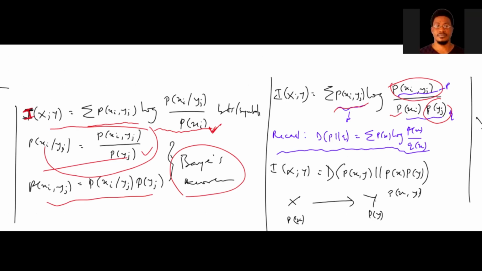So if this is the same as P, let's say this is P, and then this is Q. So we can literally say that the mutual information is the same as the relative entropy between the joint distribution, right, and the product of the input and the output distributions.